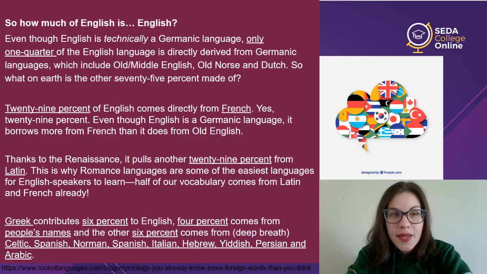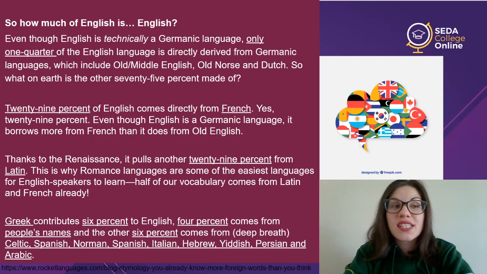How much of English is English? As you can see, only 1/4, 25% of the language is the original English with Germanic influences, okay? Only 25%.